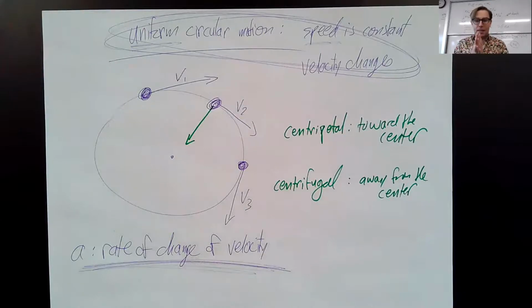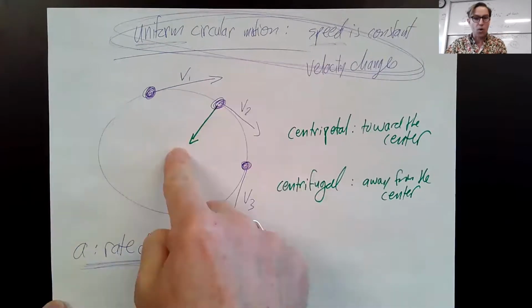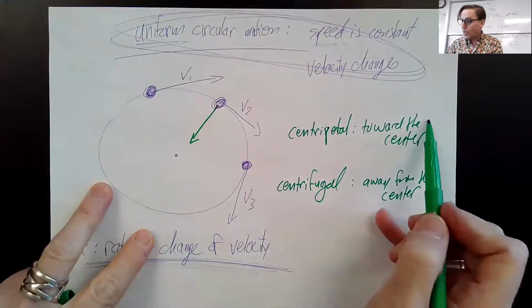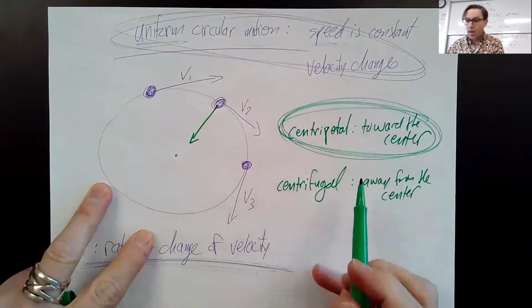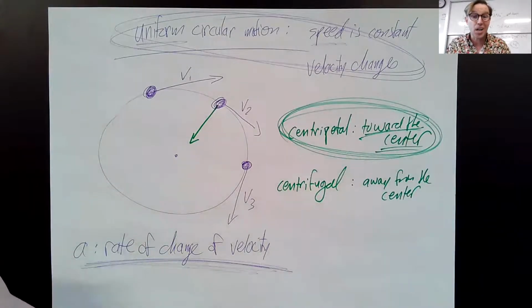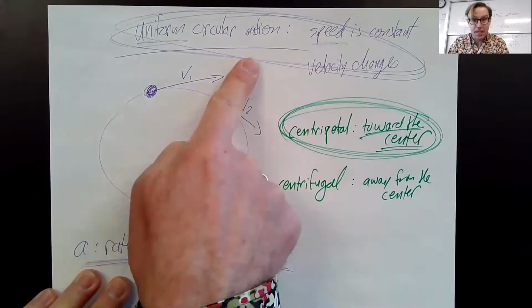Now, it just so happens that everything we talk about in this unit that has a direction toward or away from the center, the answer is always going to be toward the center. We are going to use this adjective lots. We're going to talk about things that point toward the center. You know what we're not going to talk about? We're just not going to talk about anything that points away from the center.